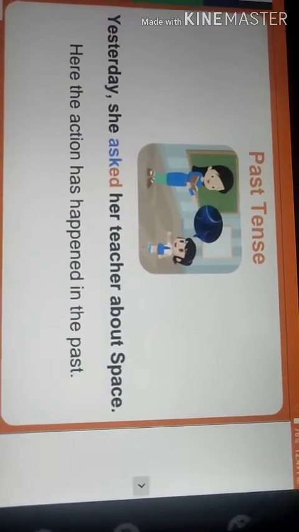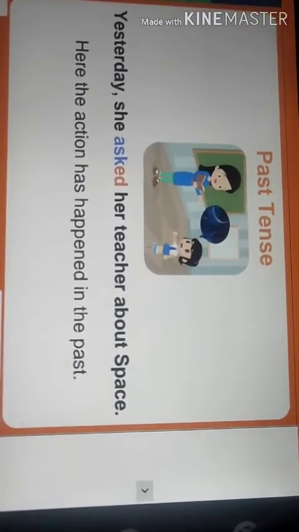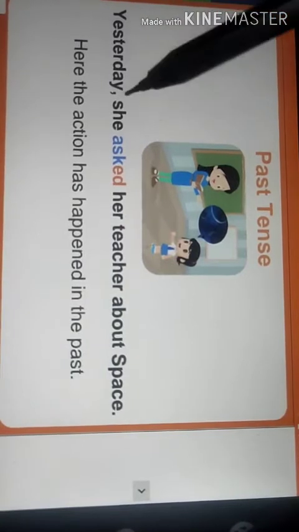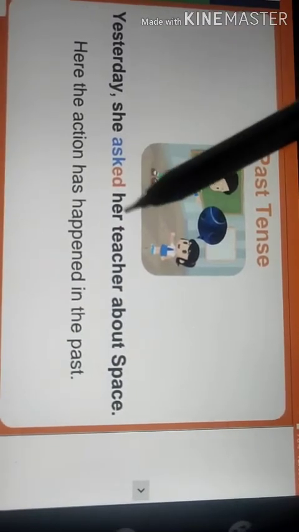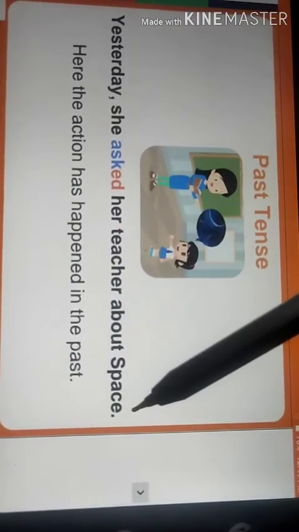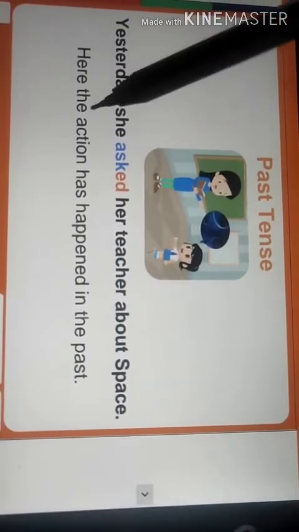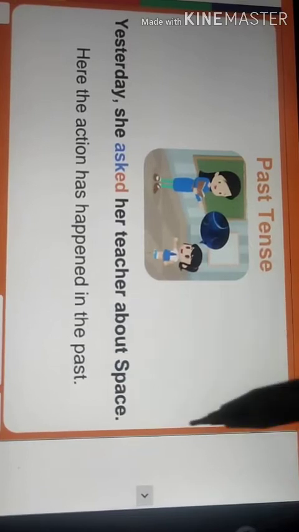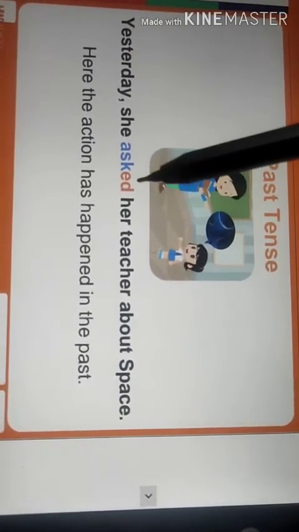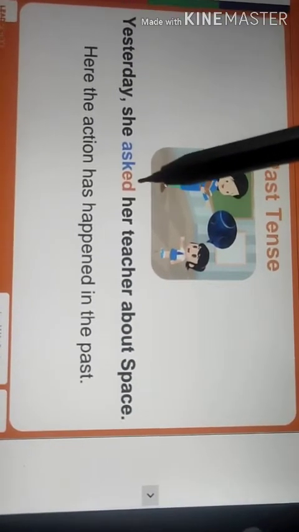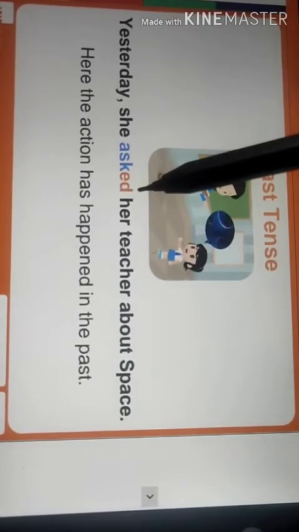In past tense, you can read the sentence: Yesterday she asked her teacher about space. As we are talking about yesterday, the action has happened in the past. You can see the highlighted word, ed. They have added ed with ask.